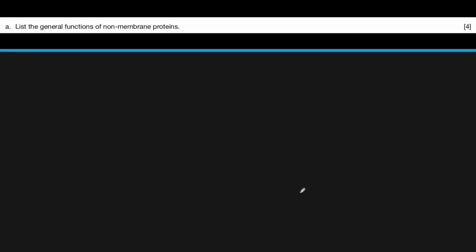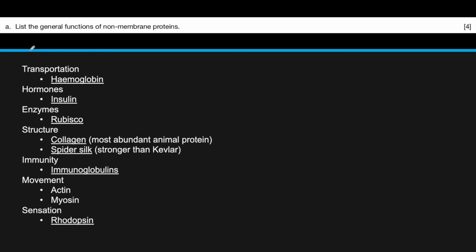It wants the general, so you don't have to go so much into detail. So we can list those again: transportation, communication, enzymes, structural, immunity, movement, sensation. You can just list this, but it's worth giving a named example so they really know what you're talking about.